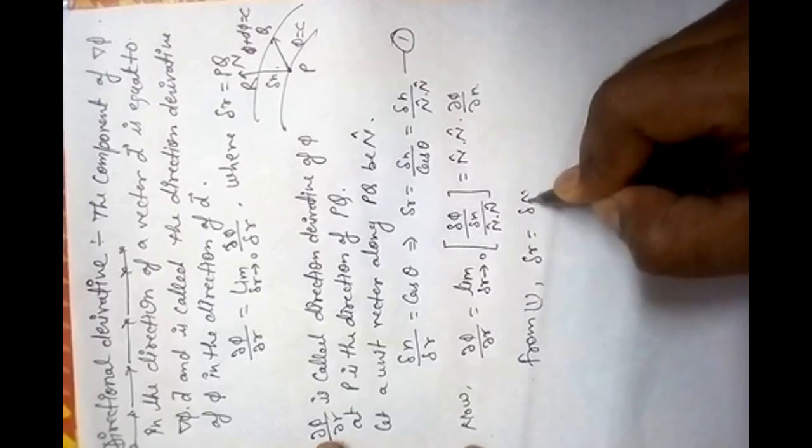Okay, now del phi upon del r is equal to limit delta r tending to 0 of del phi upon del n cap dot n cap, which is equal to n cap del phi upon del n, which is from 1. Del r is equal to del n upon n cap.